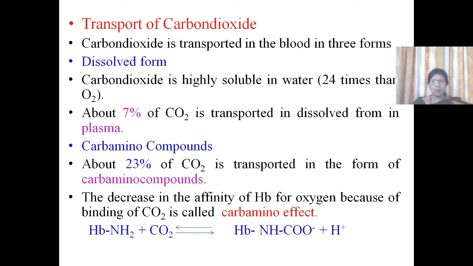The addition of carbon dioxide to the hemoglobin molecule decreases the affinity of hemoglobin for oxygen. This decrease in the affinity of hemoglobin for oxygen because of the binding of carbon dioxide is called the carbamino effect.